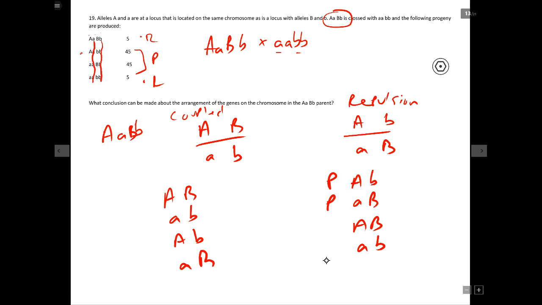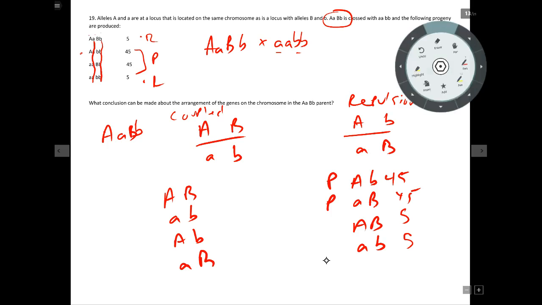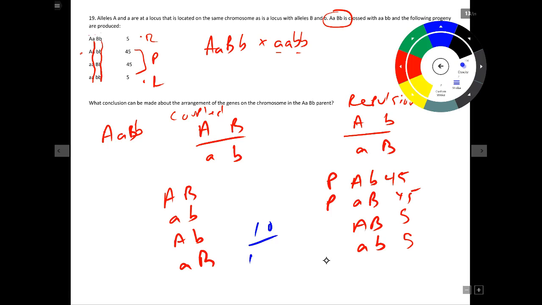And we got 45 of these, 45 of these, 5 of these, 5 of these. 10 divided by 100 equals 10%. So then we would have a genetic map.